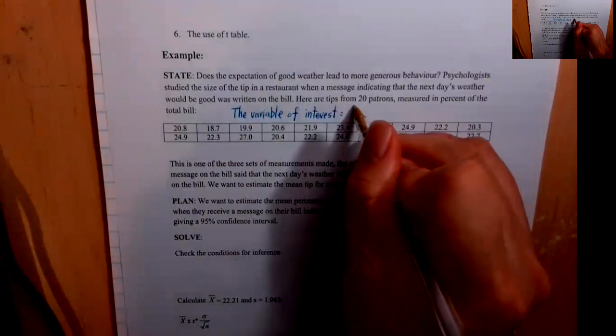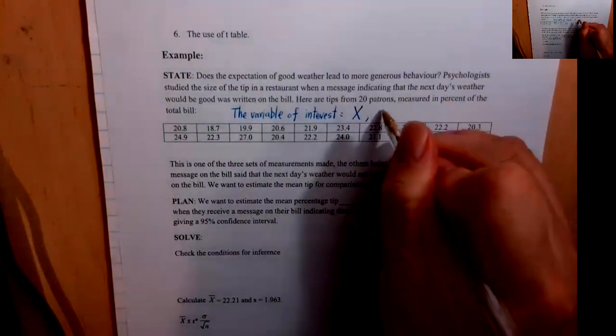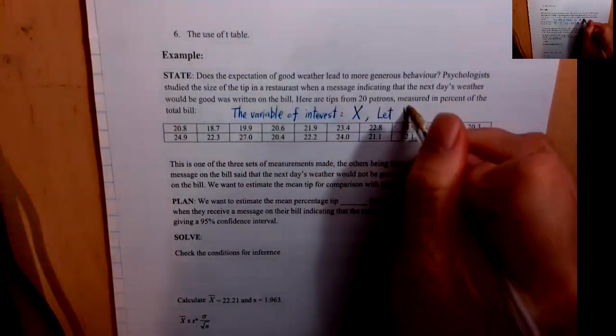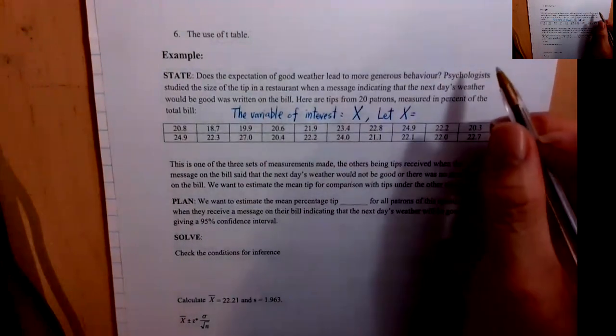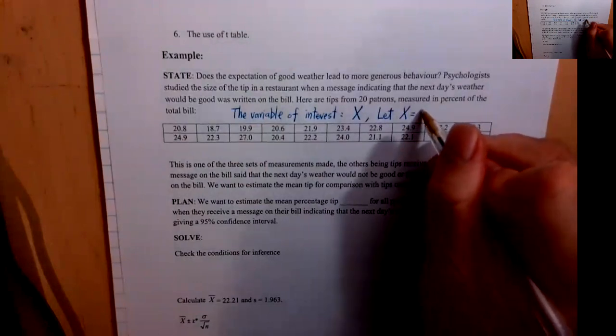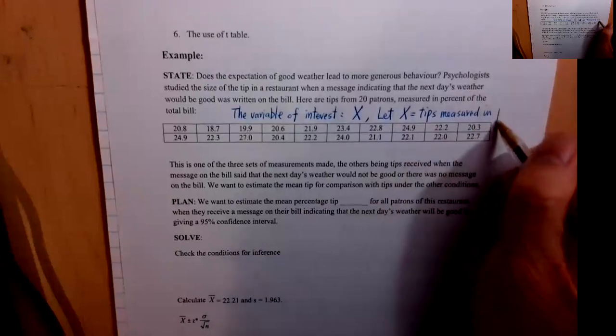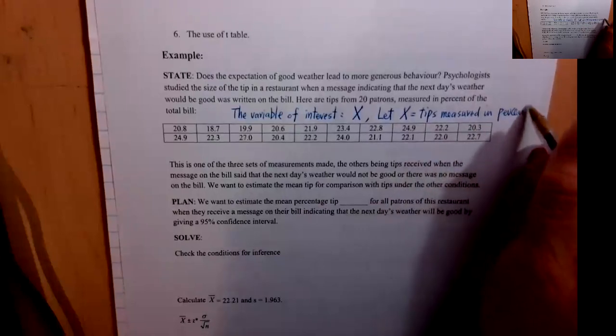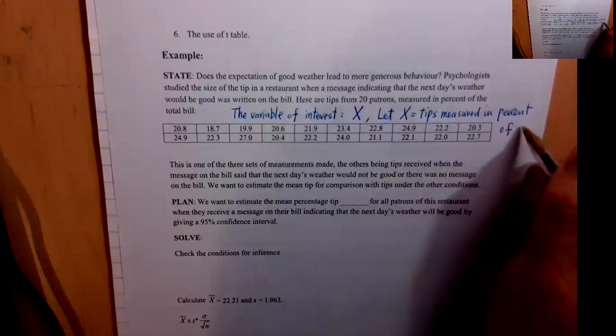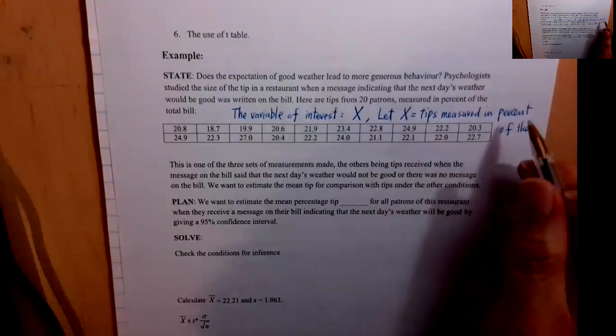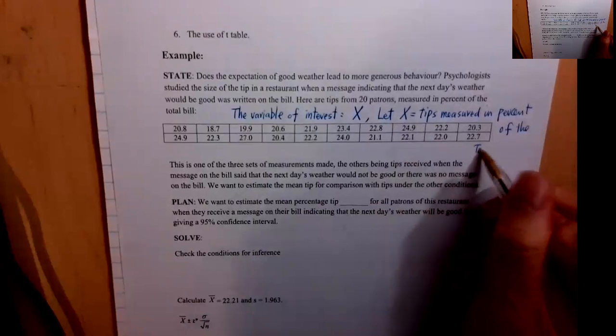The variable of interest is X. Let X be the tips, measured in percent of the total bill.